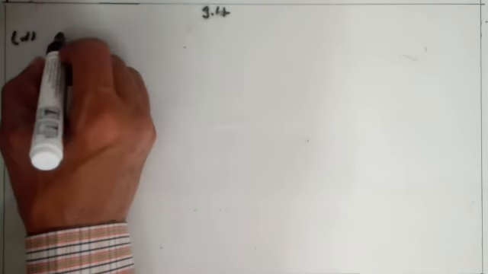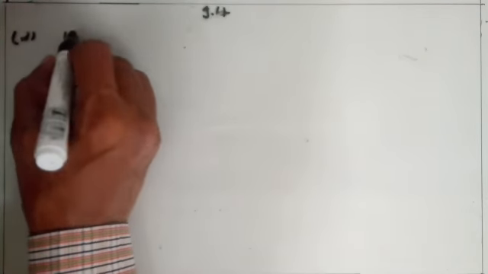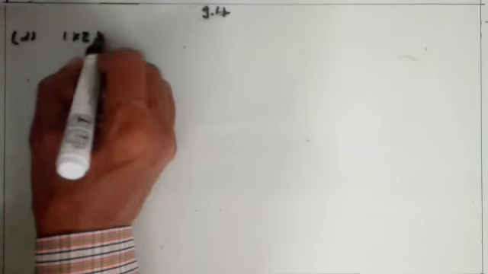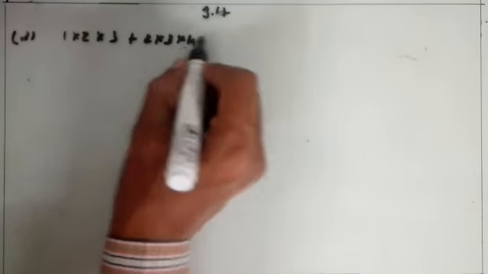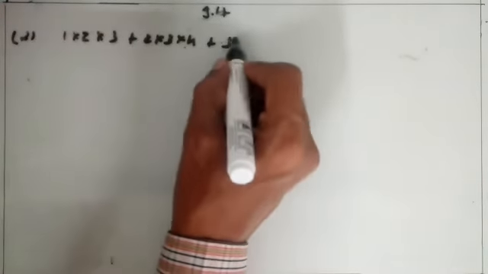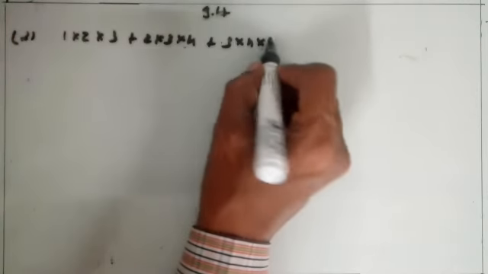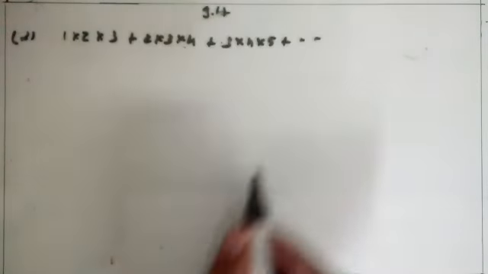Now next question, number 2. Find the sum of n terms: 1 into 2 into 3 plus 2 into 3 into 4 plus 3 into 4 into 5 plus up to n terms.